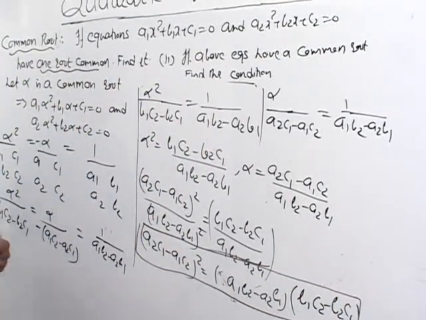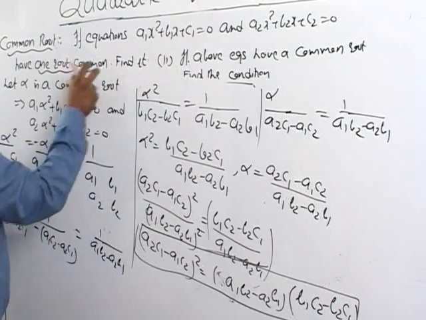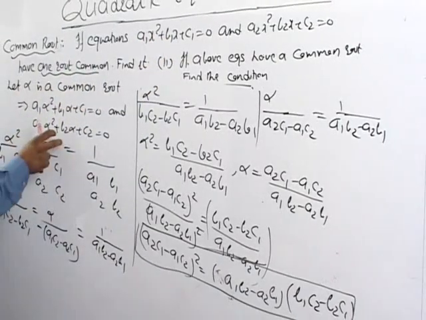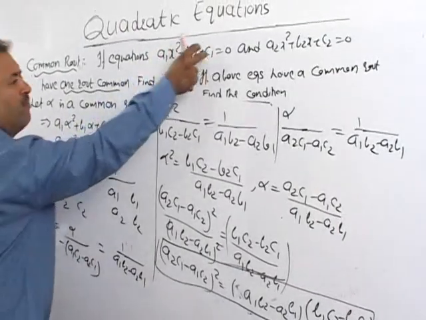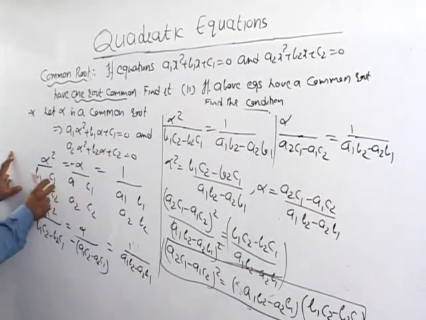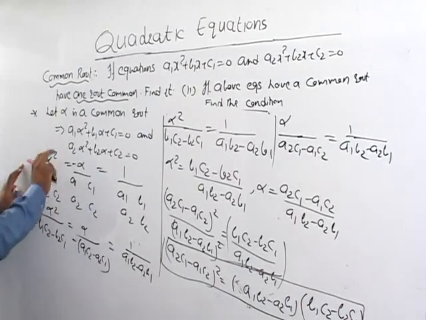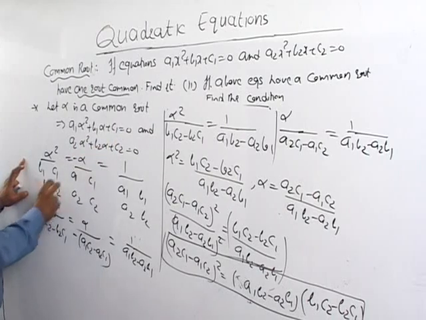You should understand this particular method again. This is an article you can take. If these two equations have one root common, what is the procedure? I take alpha as a common root. It will satisfy both equations. Then I solve by the cross multiplication method. Alpha square upon, keep your finger over here, b1 c1 upon b2 c2.